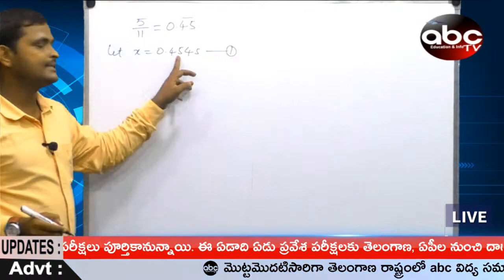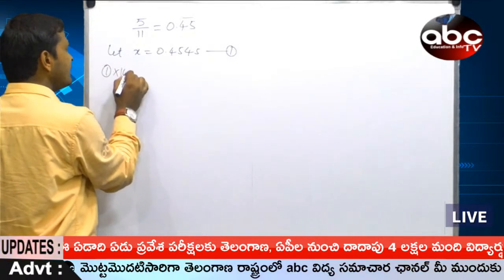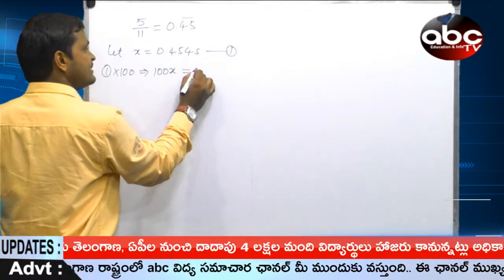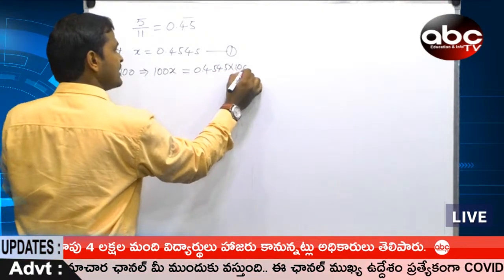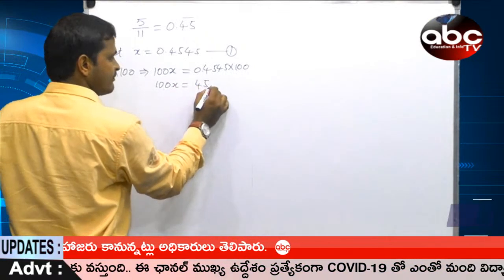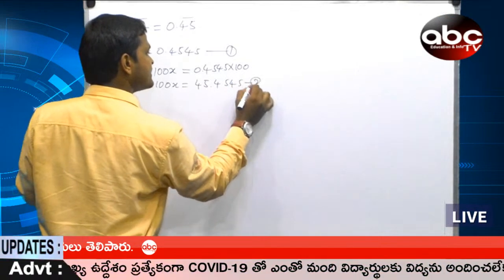What is the periodicity here? 2. Then multiply equation 1 by 100: 100x is equal to 0.4545 into 100, so 100x is equal to 45.4545, that is equation 2.